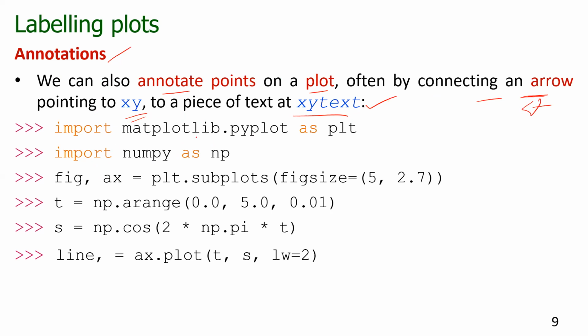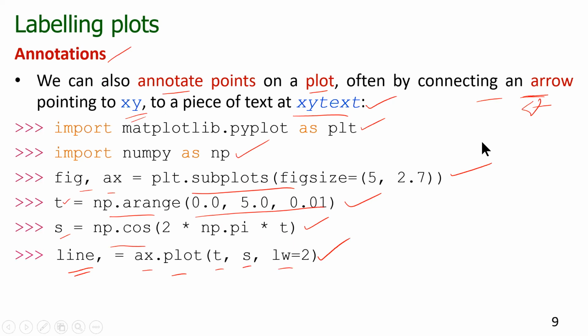See the program. First import Matplotlib, import NumPy, define figure and axis with subplot size. Here we are defining t with np.arange of these values. Then we define s with the cosine values. Then you define the line with ax.plot using t comma s and line width equal to 2 points.